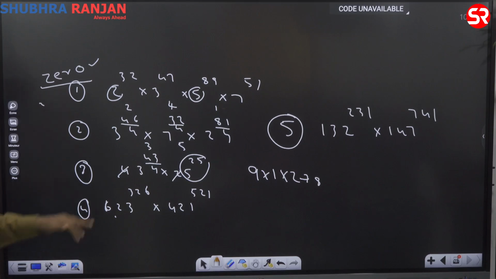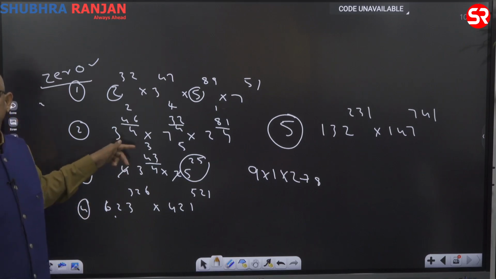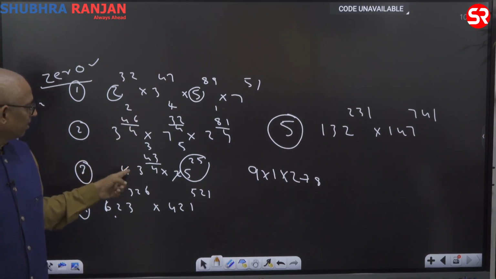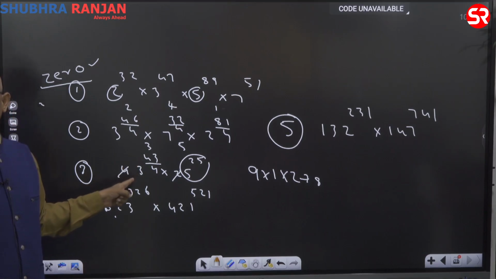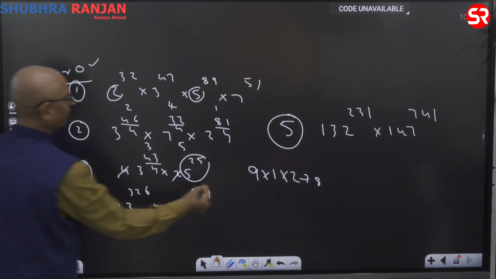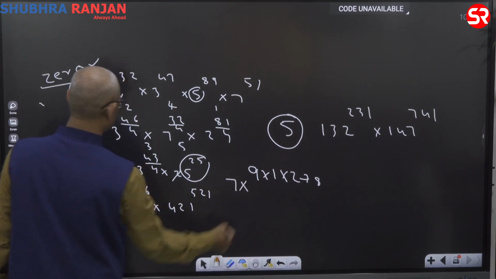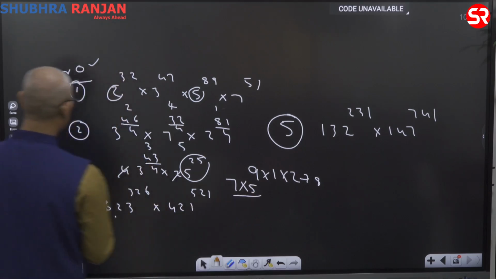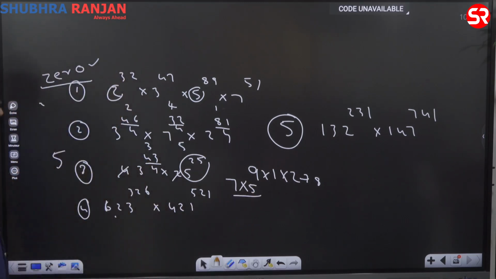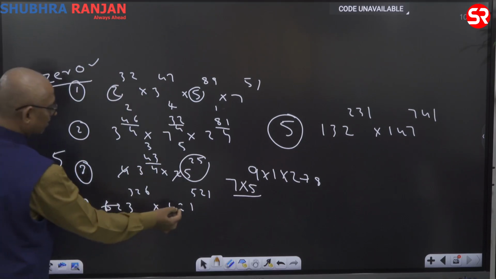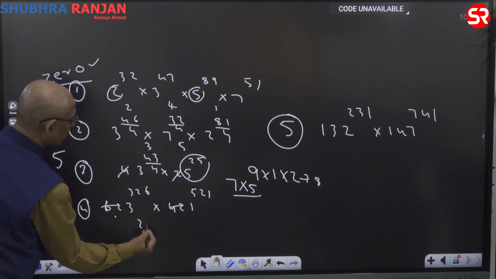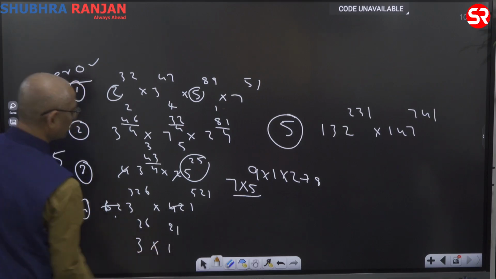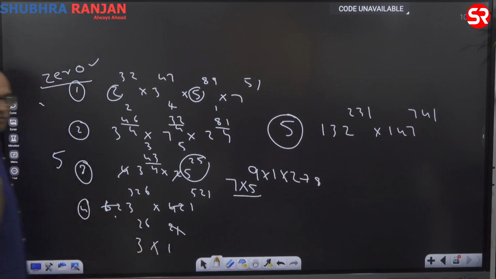Still we will do 3 power 3. 3 cubed means 3 square 9, 3 cube means 27. So what will come? 7. 7 into 5, 35. So answer is 5. So now this question will become 3 power 26 into 1 power 21. 1 power anything is 1.